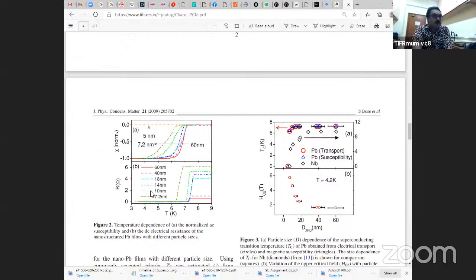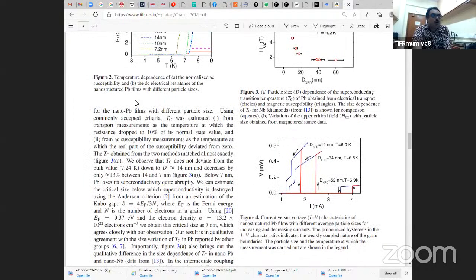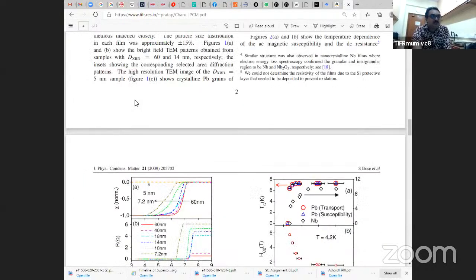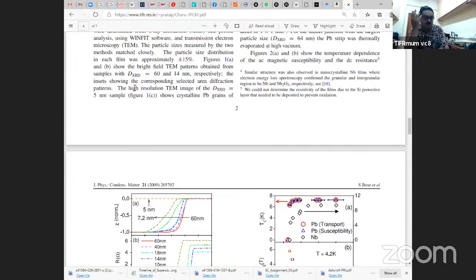It's a long time back. Yeah, up to 7 nanometer, I can see that there is a TC. So it must be about 6 nanometer or so. Okay, so this is one of the very important aspects of nano superconductivity: where is the cutoff for superconductivity.